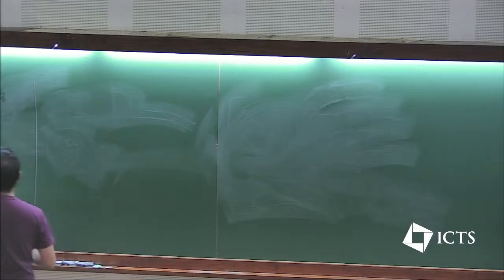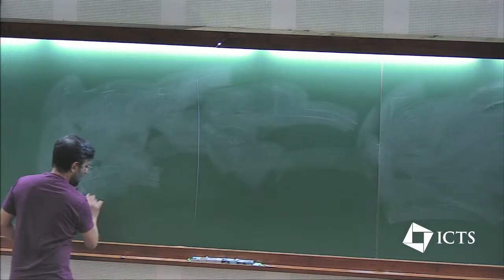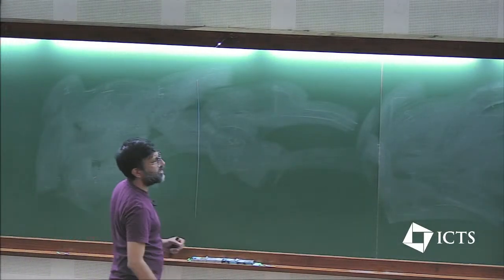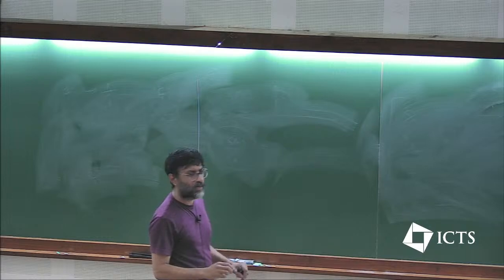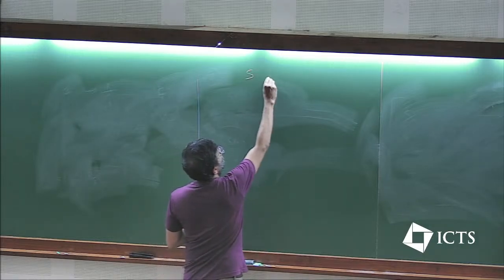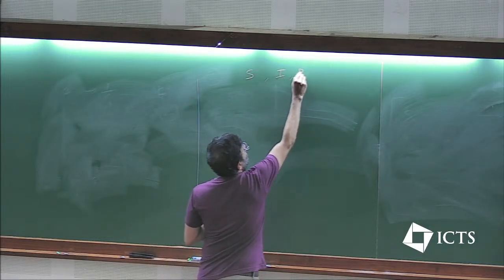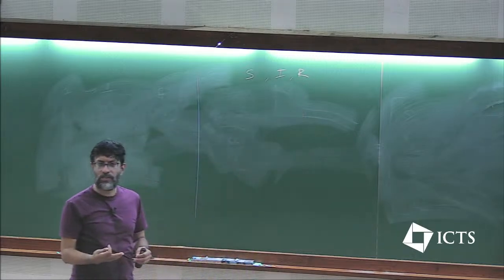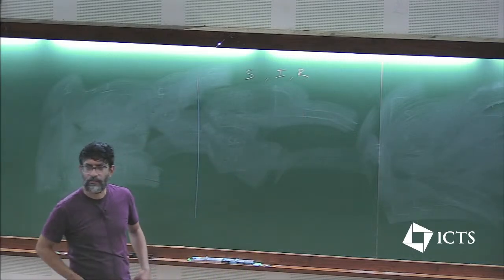Okay, so let me rub this out also. So what does an SIR model look like? As we've said, there are three compartments: susceptible, infected, and recovered. And we want to write down equations to describe how these change with time.